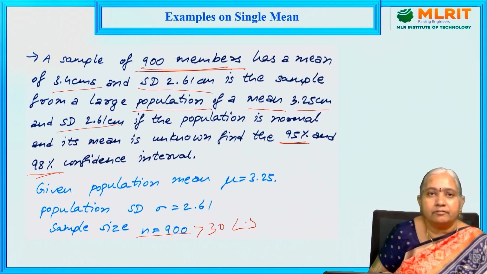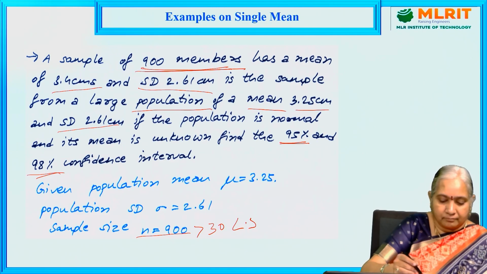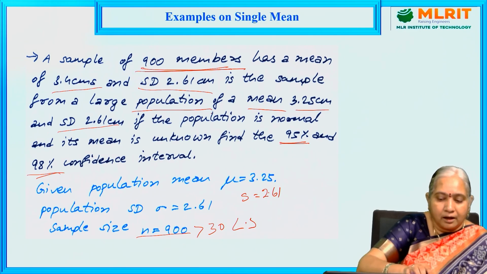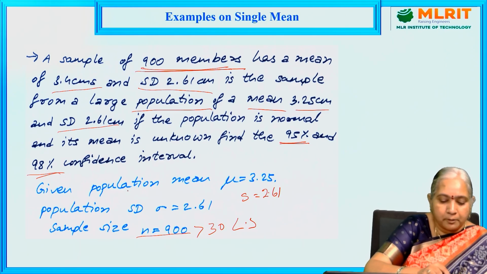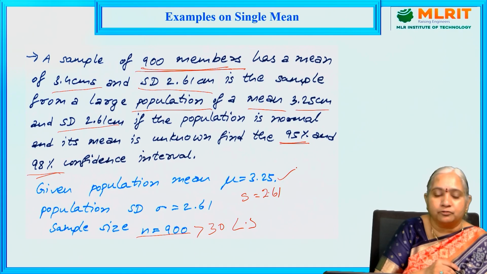Sample standard deviation is denoted by S, S equal to 2.61 centimeter. And also given that population mean is 3.25. So population mean is denoted by mu and his claim is 3.25.